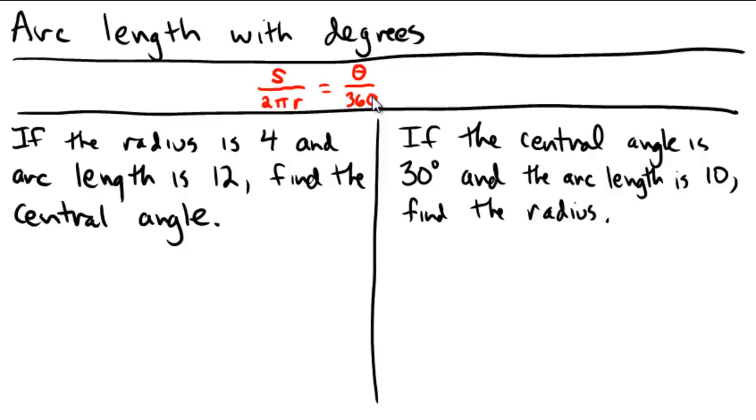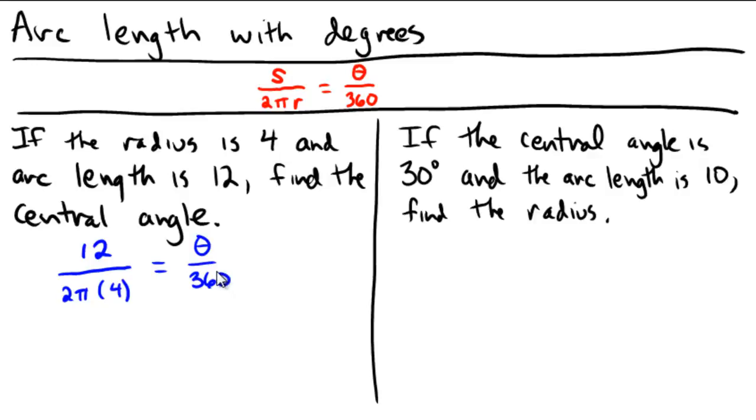Problem number 1 says the radius is 4 and the arc length is 12. So replacing our variables with their numerical values, we have 12 for the arc length over 2 times pi times the radius, which is 4, is going to be equal to theta, the angle, over 360.